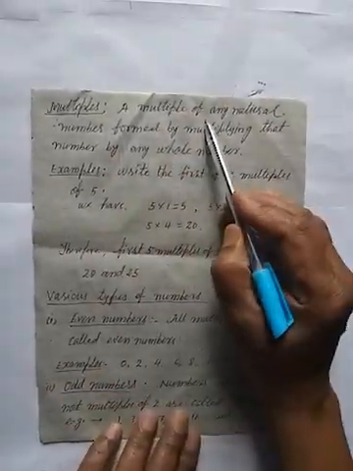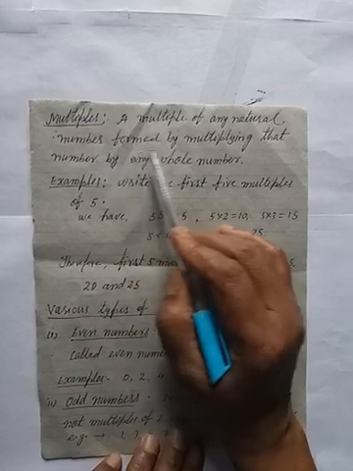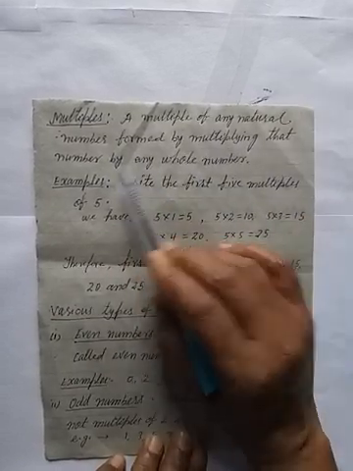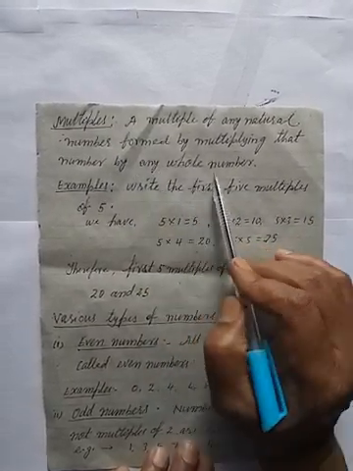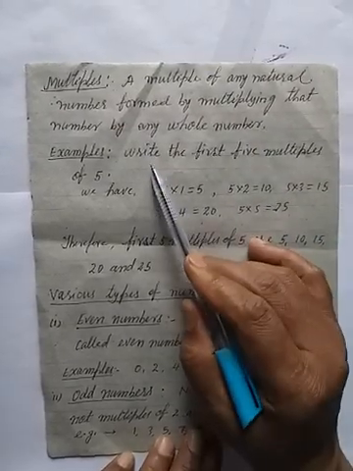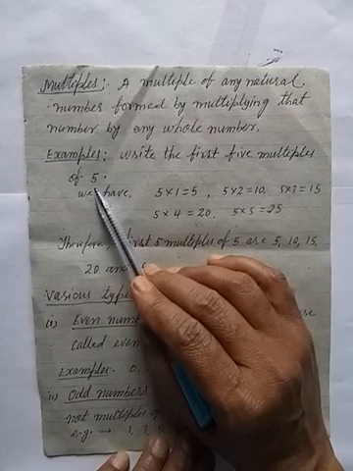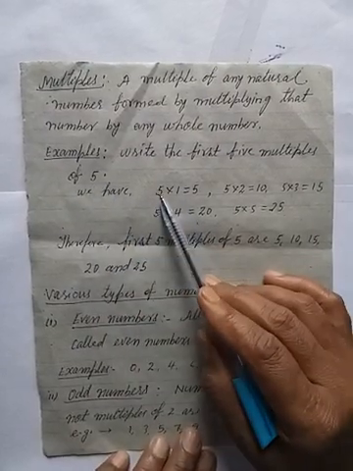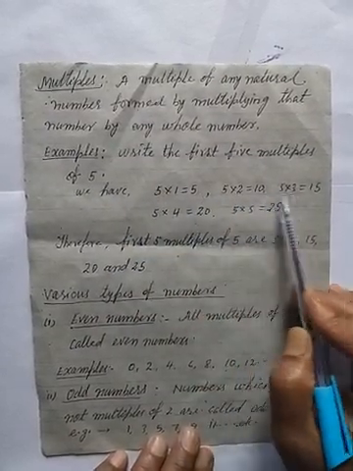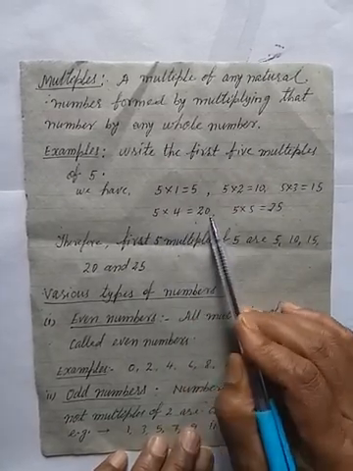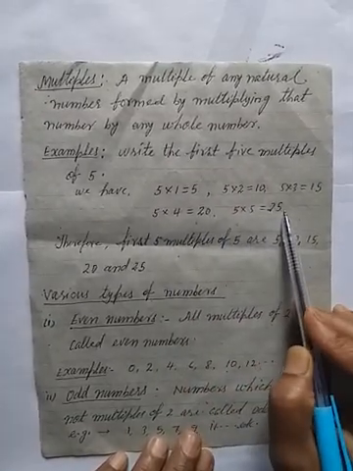So now multiples. Multiples of any natural number are formed by multiplying that number by any whole number. So let us see by example. Write the first 5 multiples of 5. So 5 1s are 5, 5 2s are 10, 5 3s are 15, 5 4s are 20 and 5 5s are 25.